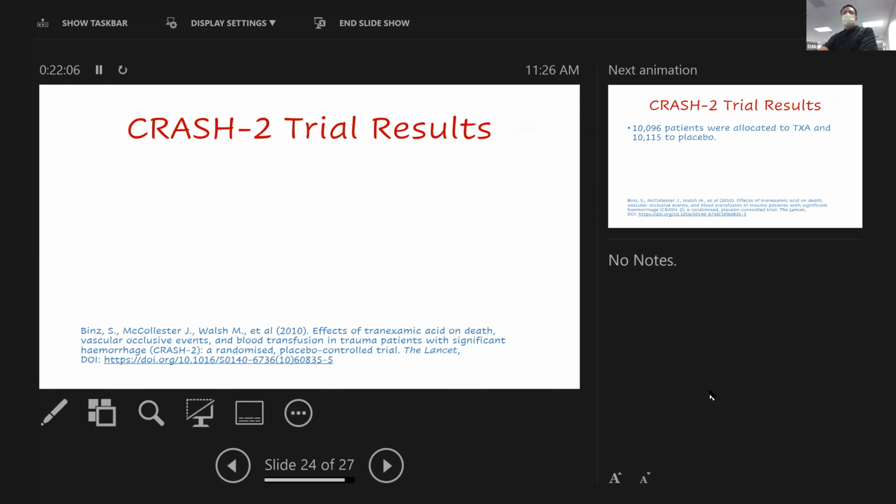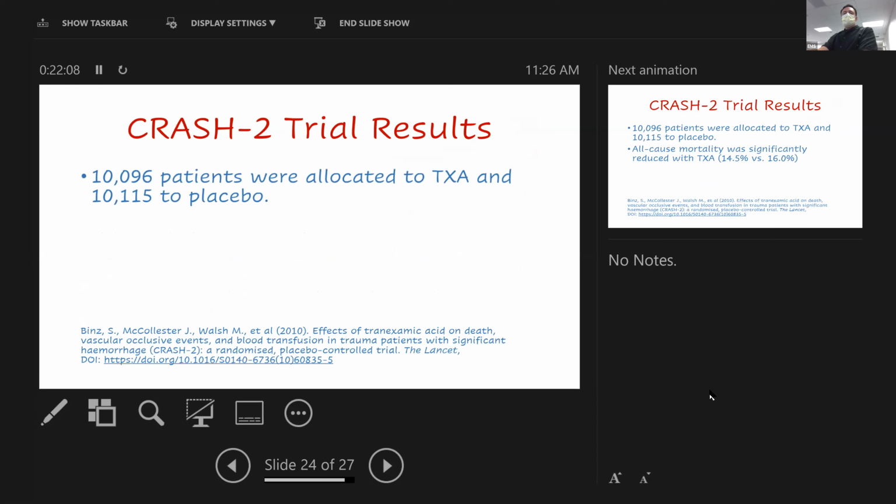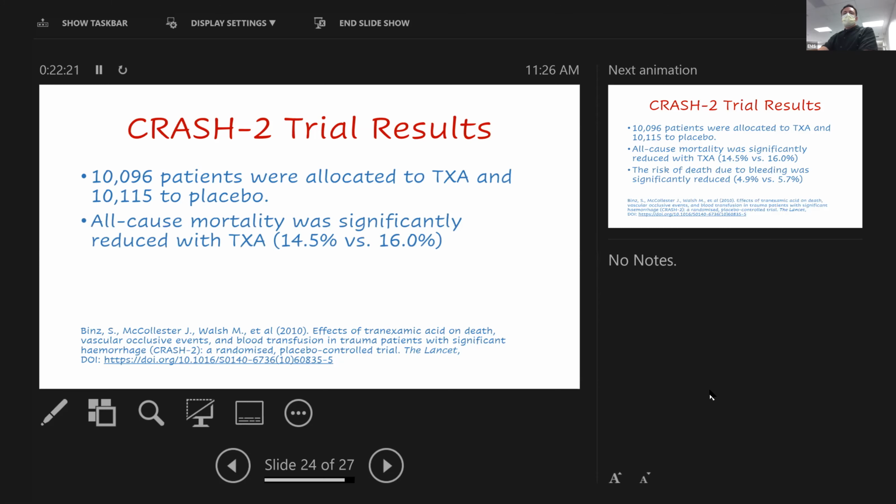So what were the results? First, they took these 20,000 patients and they randomly assigned them to either receive TXA or to receive a placebo. And what they found was that all-cause mortality was significantly reduced with TXA.